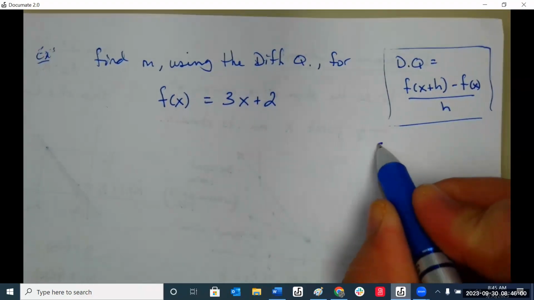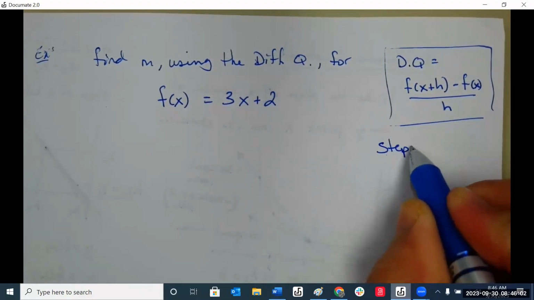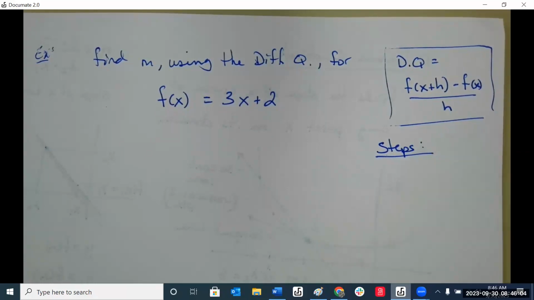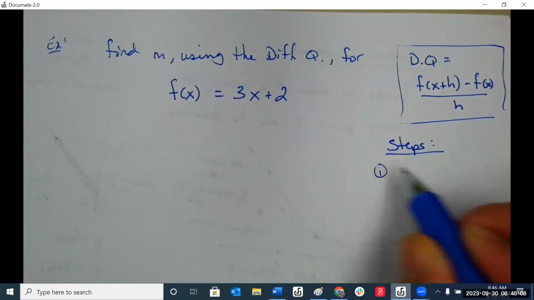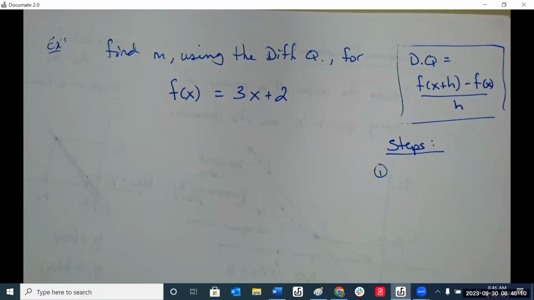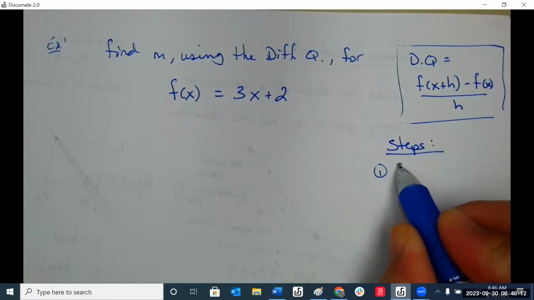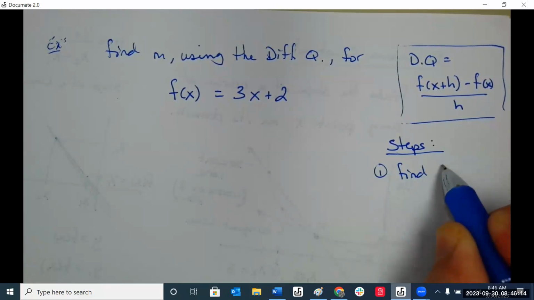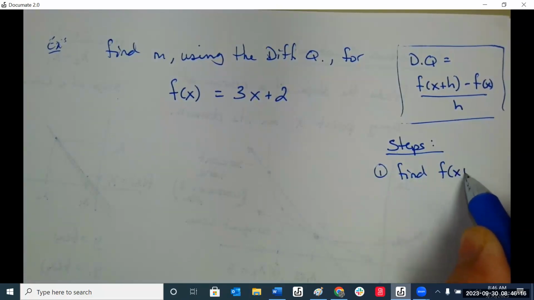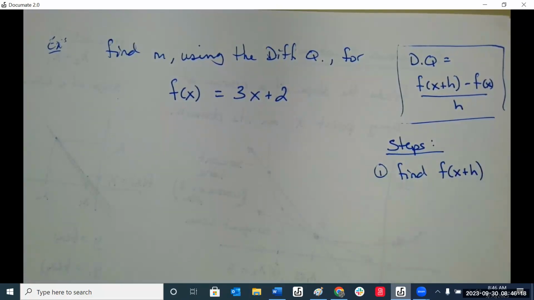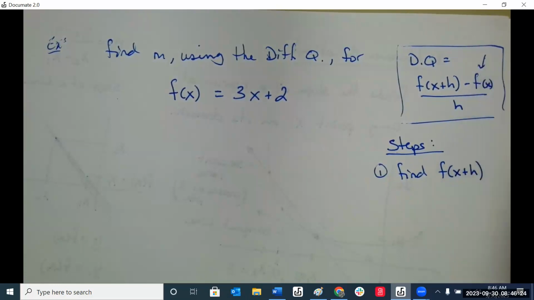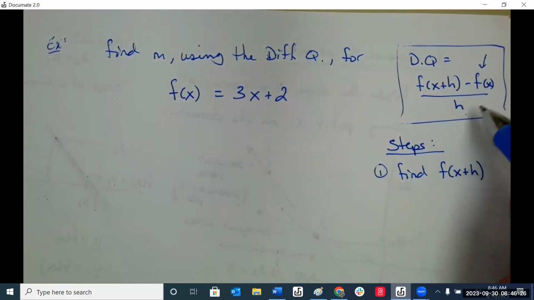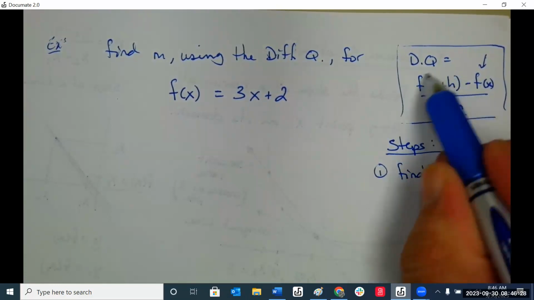Here are the steps. One, find f of x plus h. Because we have f of x. We have this part. h is just a letter we put down there. The only thing we have to do is find this one.